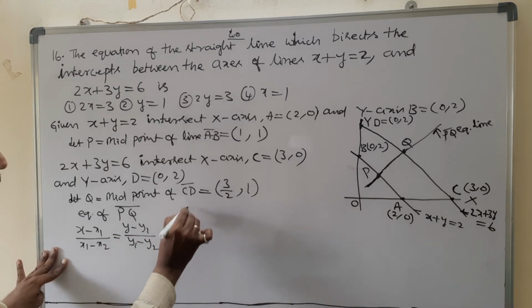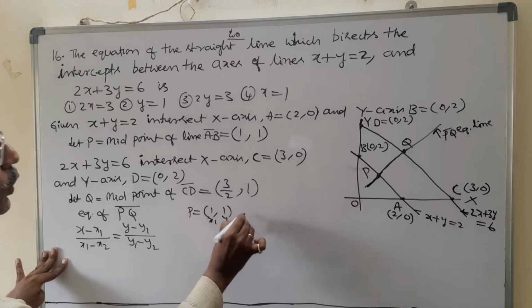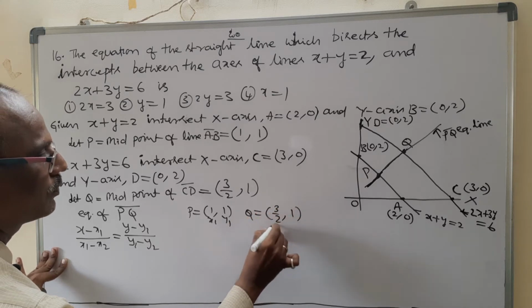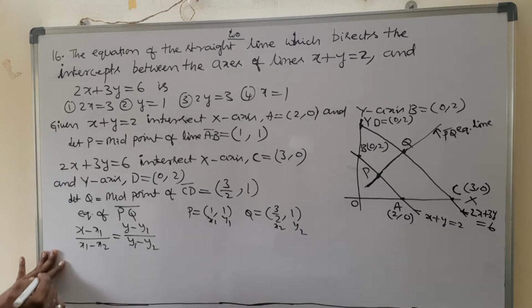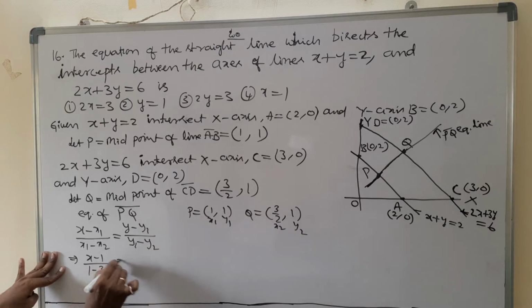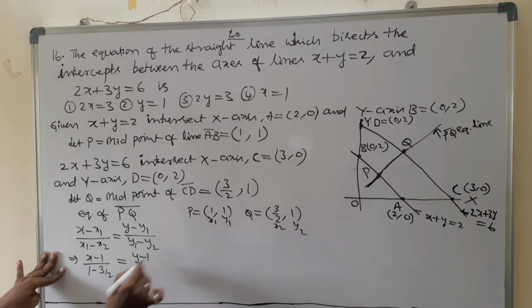The P coordinates (1, 1) are x1, y1, and Q coordinates (3 by 2, 1) are x2, y2. Applying the formula, x minus 1 by 1 minus 3 by 2, equals y minus 1 by 1 minus 1, which is 0.